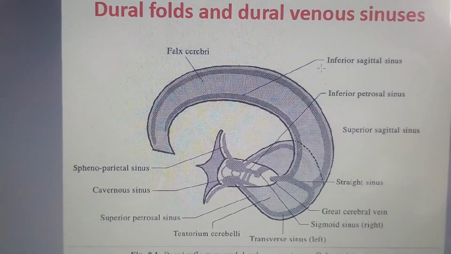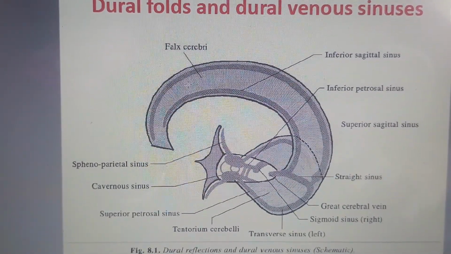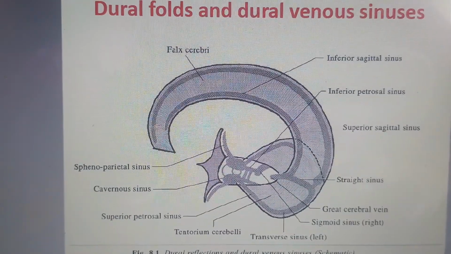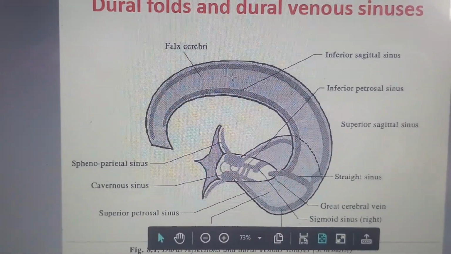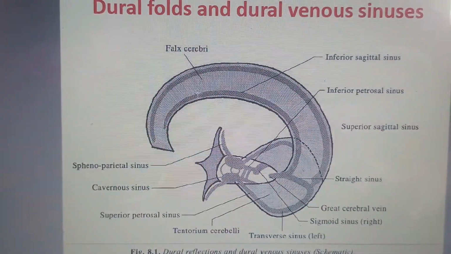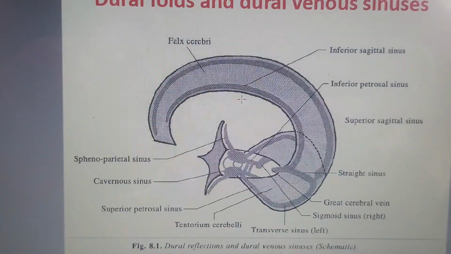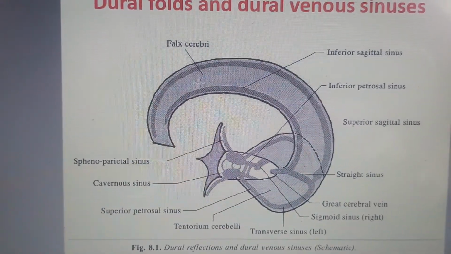Now in this diagram we can find all the dural reflections and venous sinuses in a schematic way. This is a fold of the dura mater known as the falx cerebri. The name suggests that it is shaped like a falx, or like what in Bengali we call the kaste.